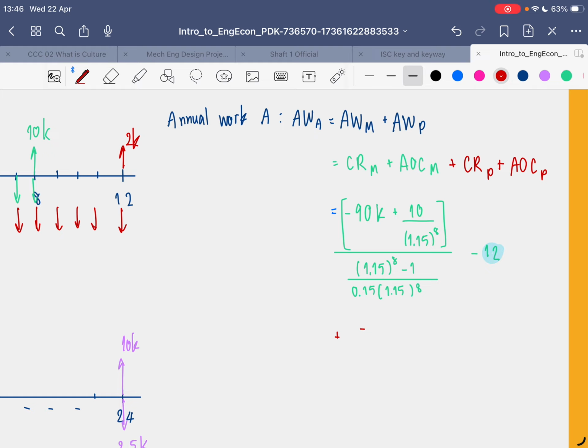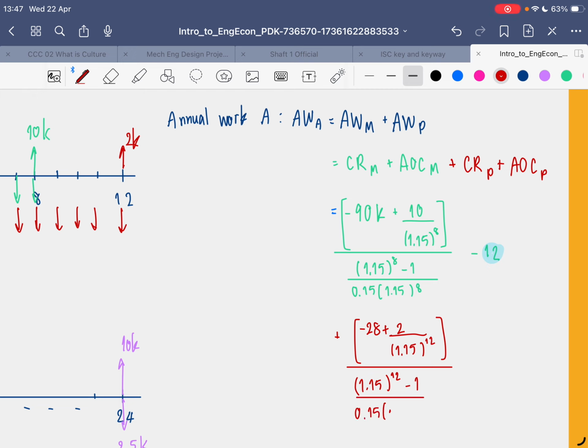So I did the same thing. I calculate the capital recovery of mover, which is here. I calculate the capital recovery of pack, which is here. This is the AOC of mover, and AOC of pack is minus 0.3.